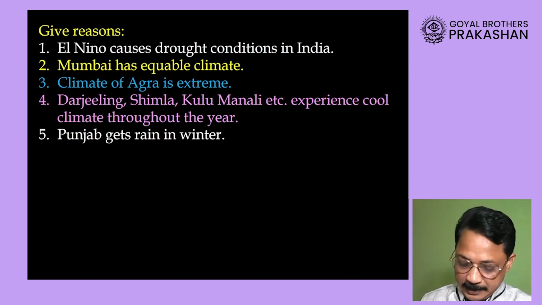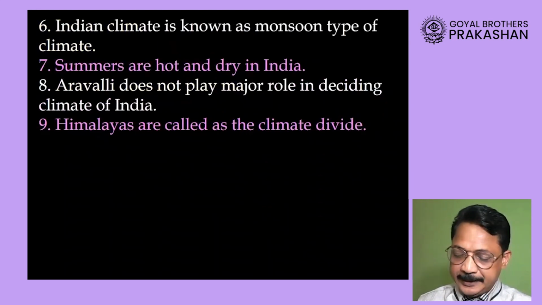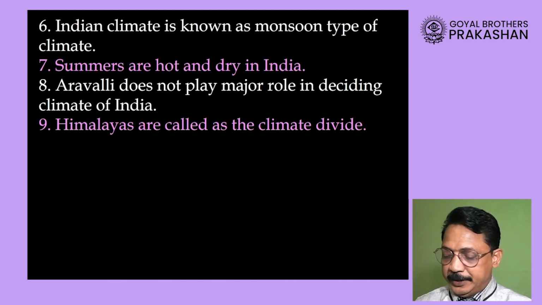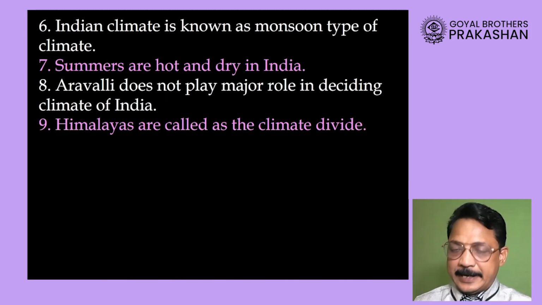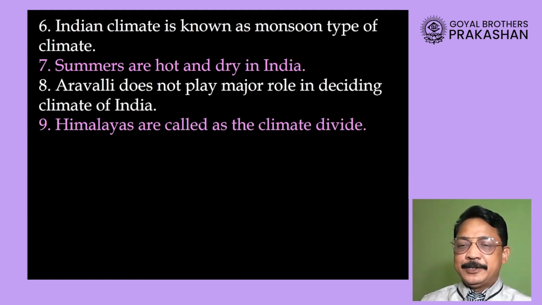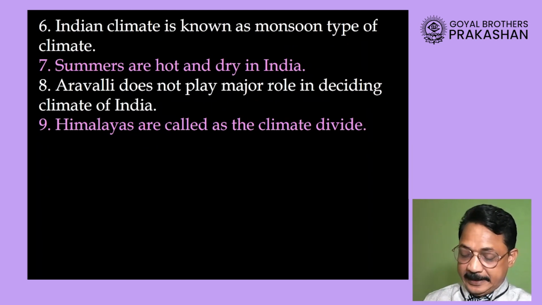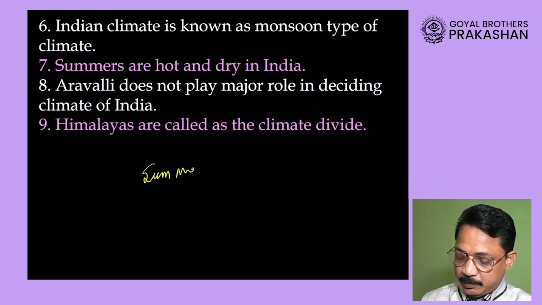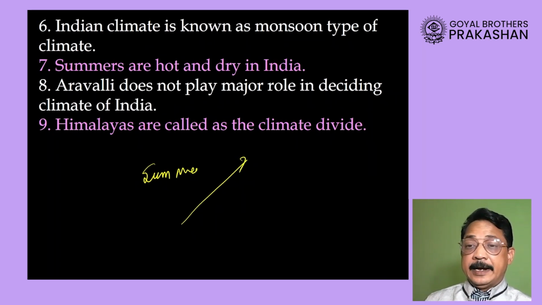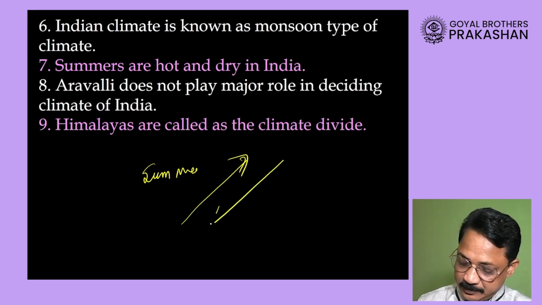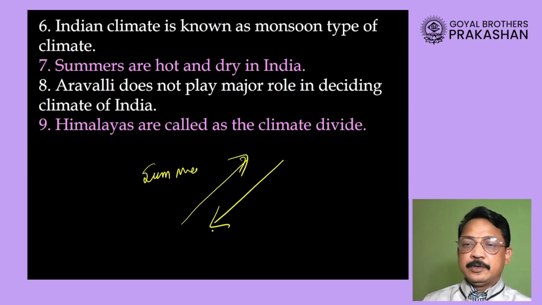Okay, students. Now the next question is, Indian climate is known as monsoon type of climate. So the reason is the winds which blow during particular seasons. For example, during summer, the winds blow from southwest to northeast direction, and in winter the reversal of the direction of winds takes place, from northeast to southwest.